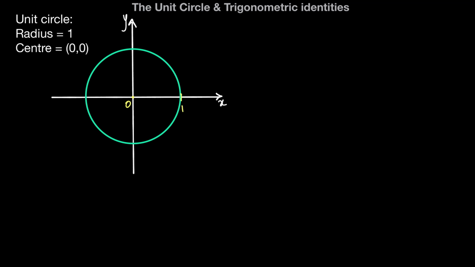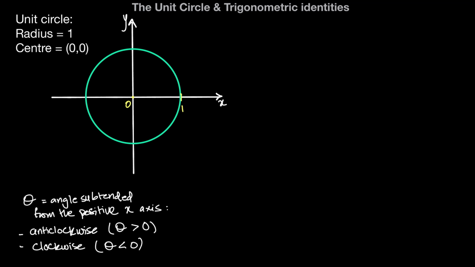Now let's say that the angle theta can be defined as the angle subtended from the positive x-axis. So now let's say that I take the radius from the positive x-axis, which is to the right side of the origin, and I subtend this radius by an angle of theta.